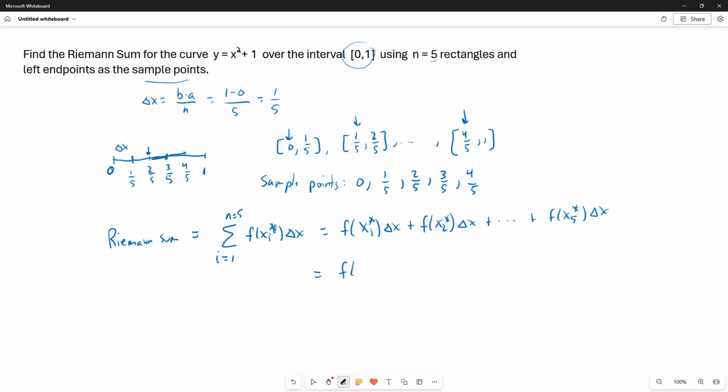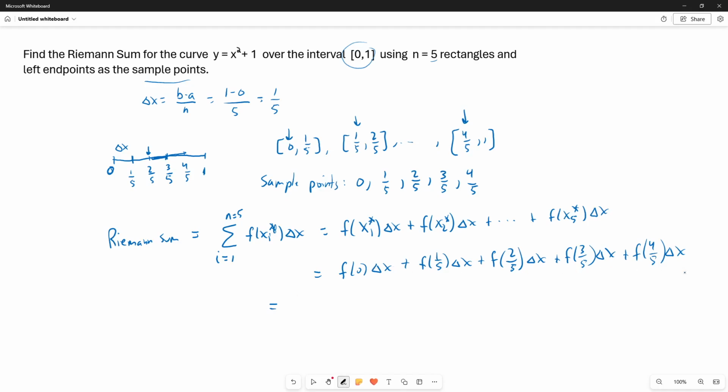So this is f of 0 times delta x. f of x2 star is the second sample point, so f of 1/5 times delta x. And let's write them all. f of 2/5 times delta x, f of 3/5 times delta x, and the last one is f of 4/5 times delta x.